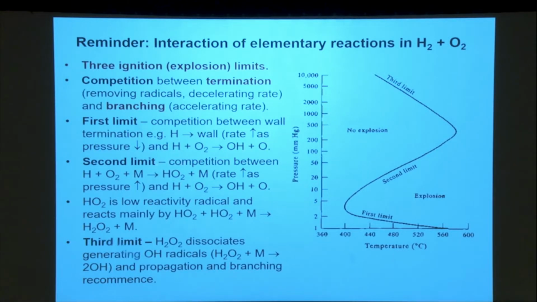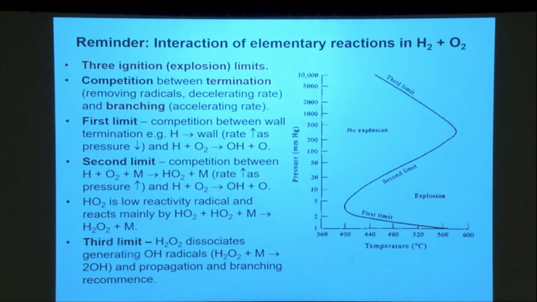In the second limit, we've got the competition between the main chain branching reaction and the pressure-dependent termination reaction. As we increase the pressure, the rate of this reaction will increase, and that potentially will slow the reaction down and move us back into the no-ignition regime.